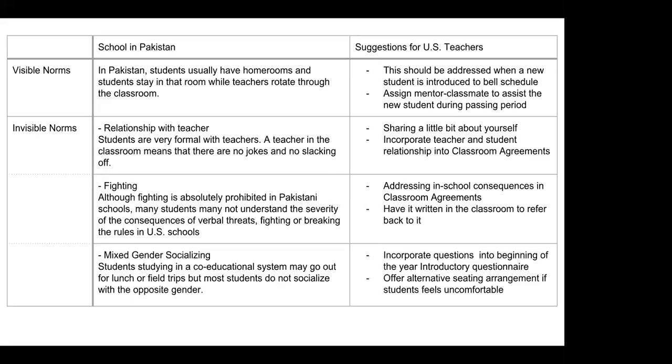Another invisible norm is mixed gender socializing. So in co-education systems, students may go to field trips together, go to lunch together, but oftentimes do not socialize with the opposite gender. And so our suggestion for you is to, at the beginning of the year, create an introductory questionnaire where some questions could look like, where do you learn best in the classroom?